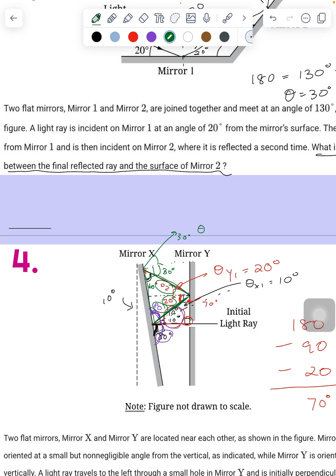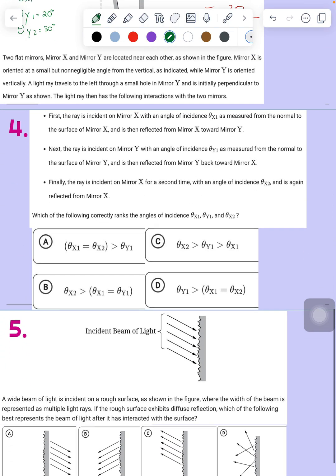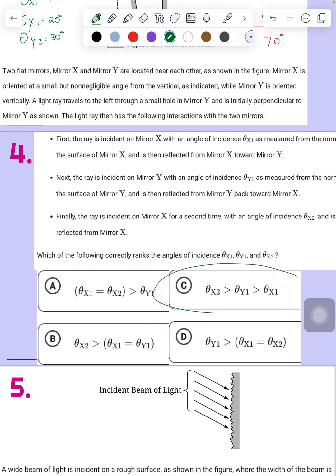So theta x2 will be 30 degrees, making theta x1 equal to 10 degrees, theta y1 equal to 20 degrees, and theta y2 equal to 30 degrees. And that does give us an answer choice of C.